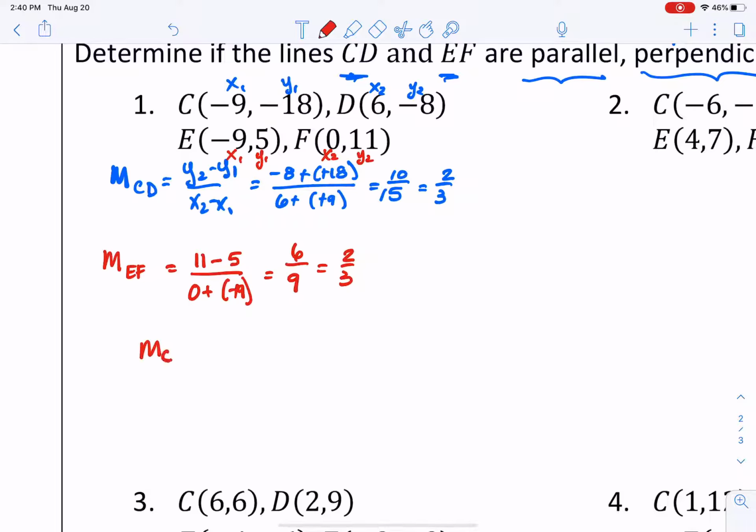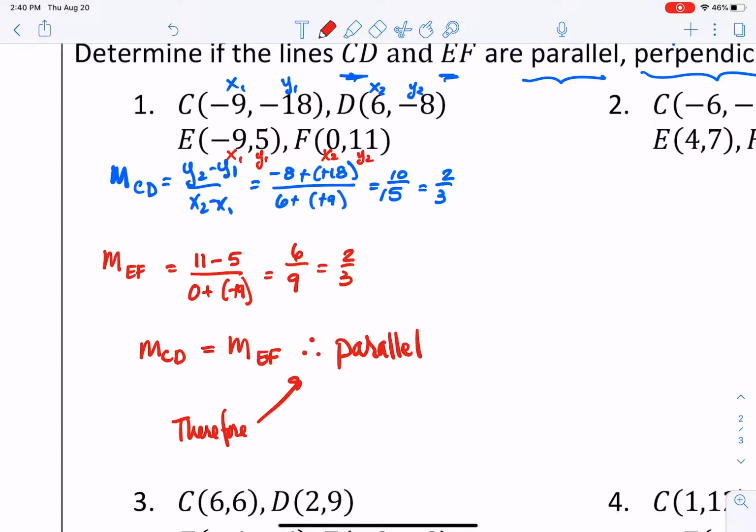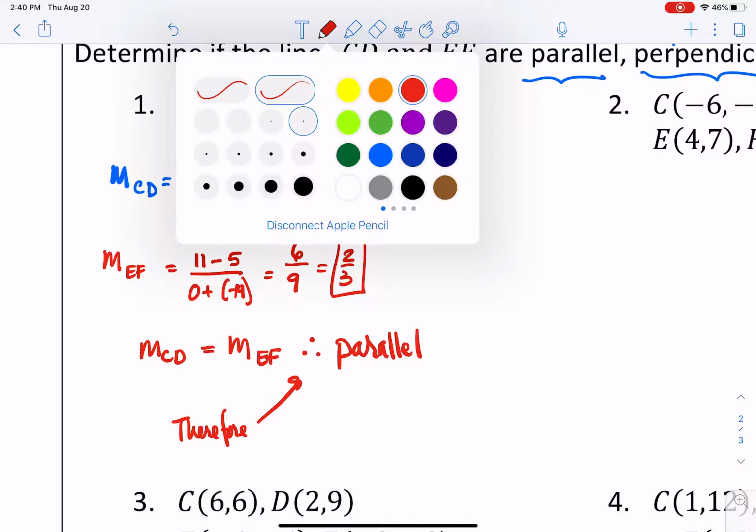The slope of CD equals the slope of EF. Therefore, and these 3 little dots mean therefore, they are parallel. So that's all we're asking for. You have to be able to compare the 2 slopes and determine what kind of relationship those lines are going to have once they're graphed.